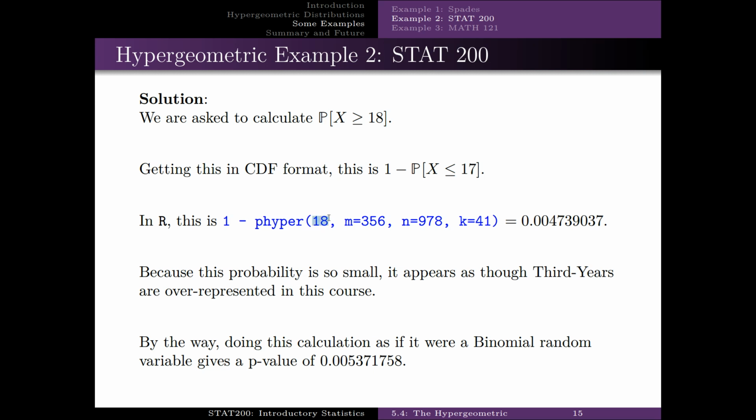So this number here should be 17, not 18. m, n, and k are given to us previously. This is probably around 0.005. Very small probability of this happening. Therefore, it appears as though third years are overrepresented in this course.